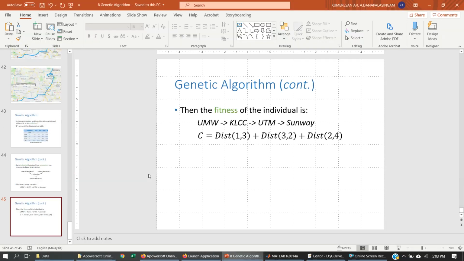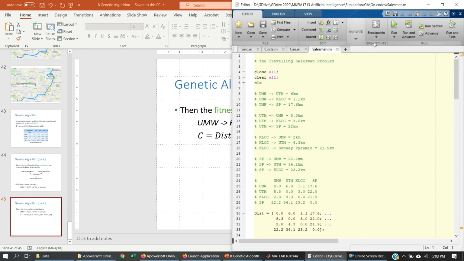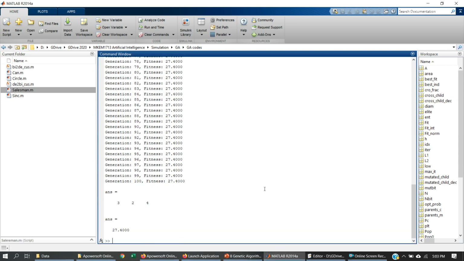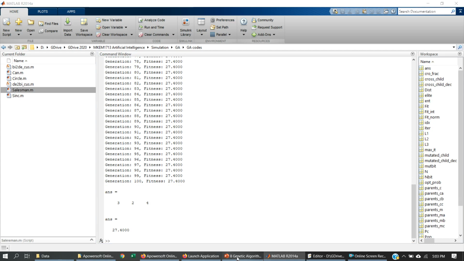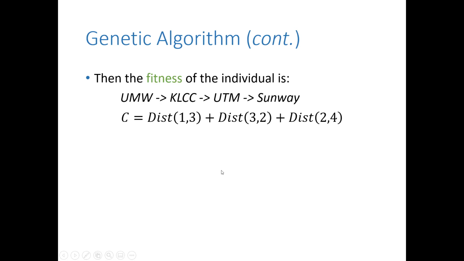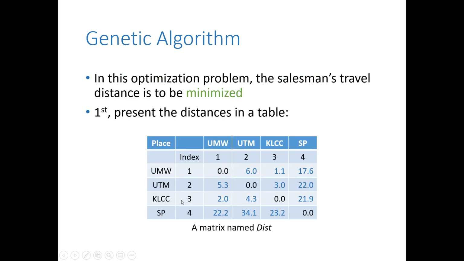All right, let's look at the simulation. Here I cannot have any graphics for you. I just have the final answer. It says the sequence is 3 to 4. What is 3 to 4? It means from UMW to KLCC to UTM to Sunway Pyramid.